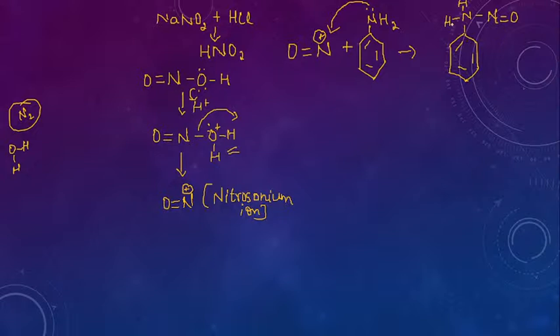Now one proton, one H plus ion, leaves here, and this bond comes as a lone pair on the nitrogen atom. So one proton has escaped, it leaves the compound, and what is left is NH, N double bond O. Now this oxygen which has a lone pair will accept this hydrogen, because the O minus will be waiting for the H plus ion, right?